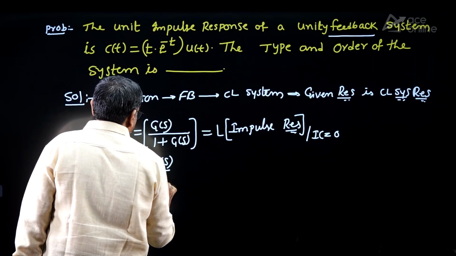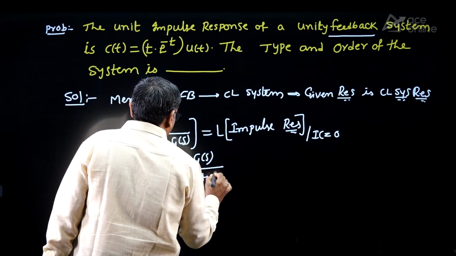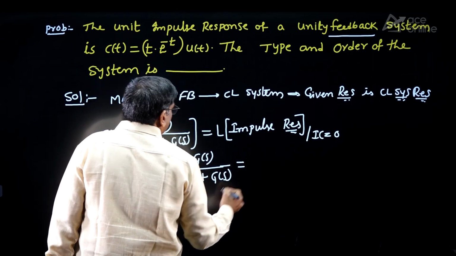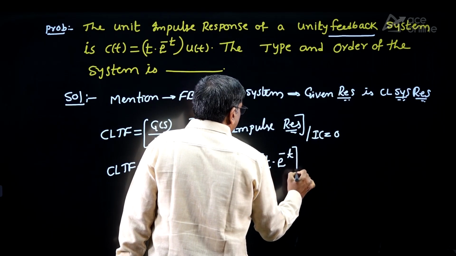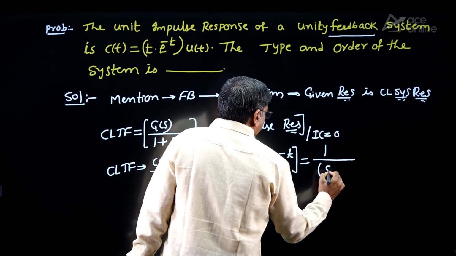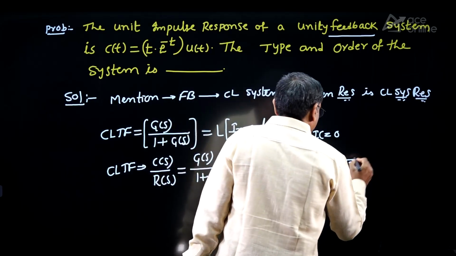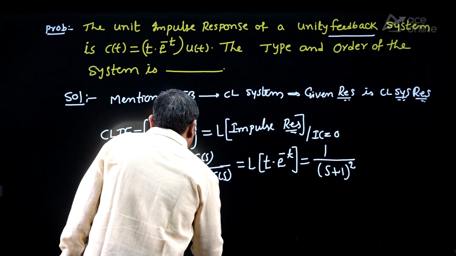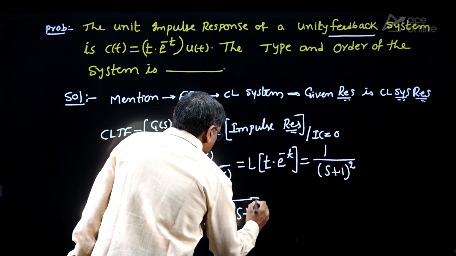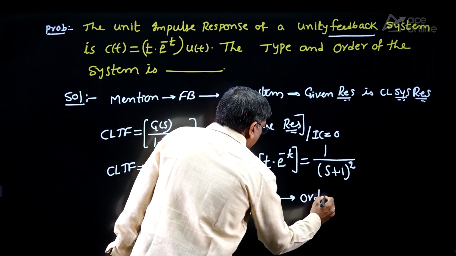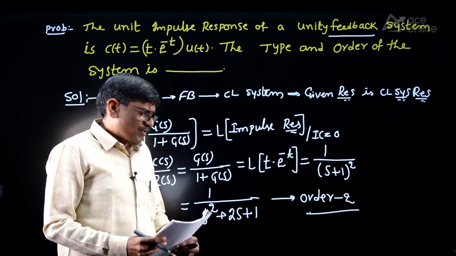So C of S by R of S equals G of S by 1 plus G of S. If we apply Laplace to t e power minus t, what are we getting? 1 by (S plus 1) whole square. Expand it: 1 by S square plus 2S plus 1. So what is the order? Order equals 2, it is a second order system. What is the type? Anybody?